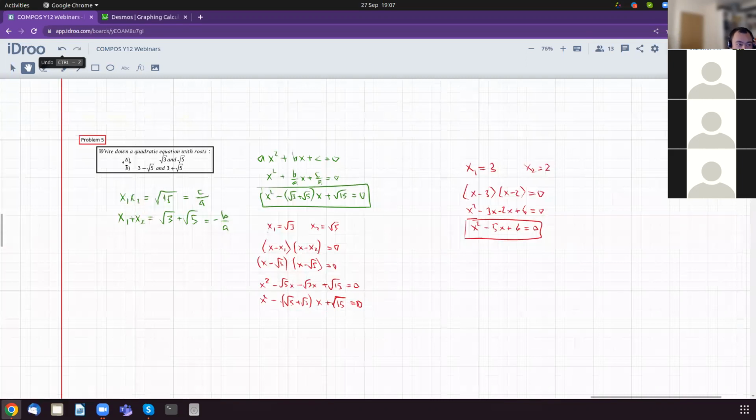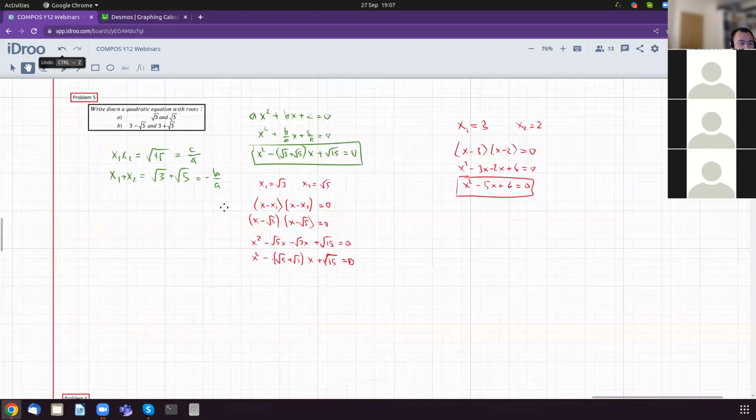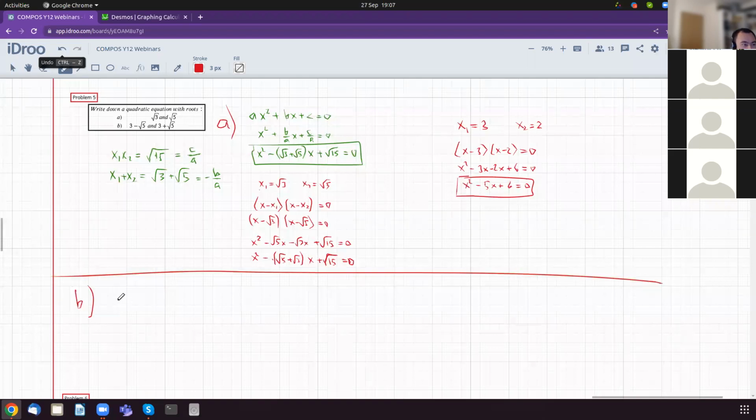And let's look at B. So this is problem A, and this is B. x1 is equal to 3 minus square root of 5, x2 equals 3 plus square root of 5.